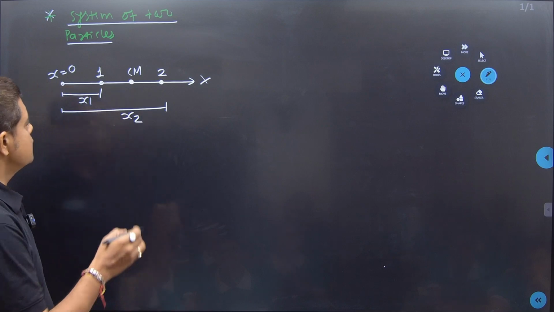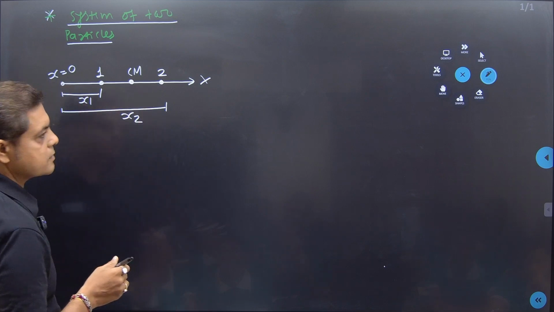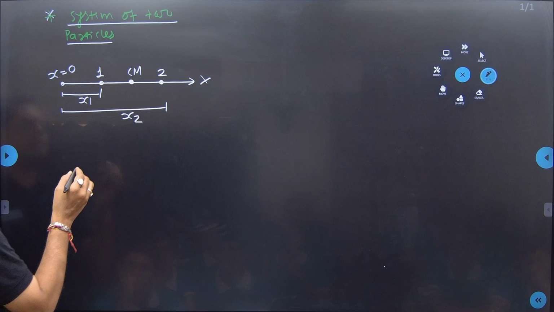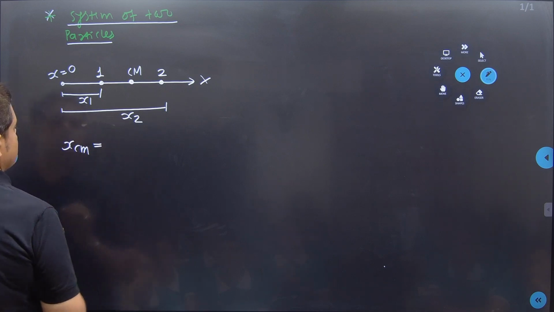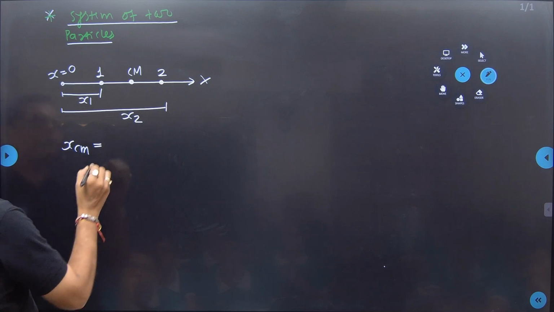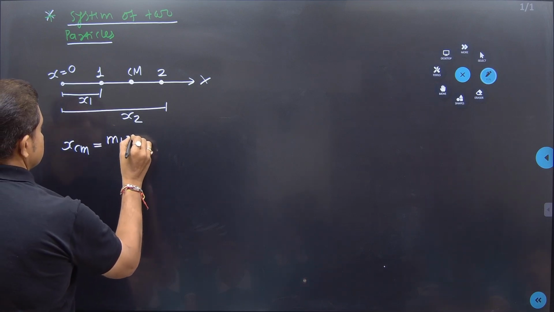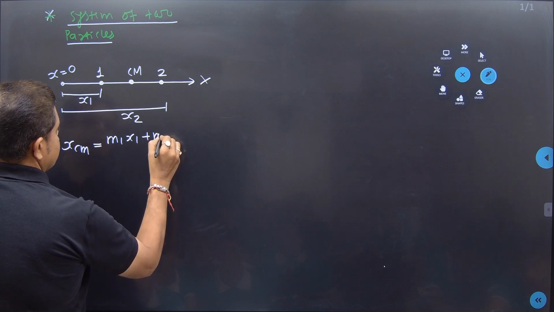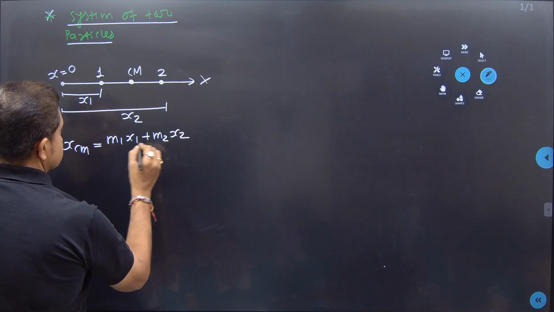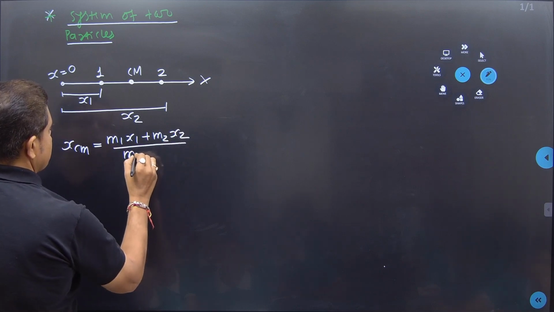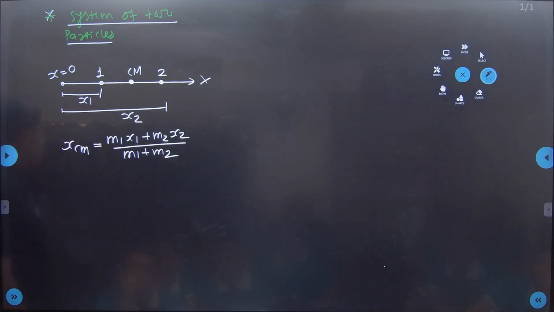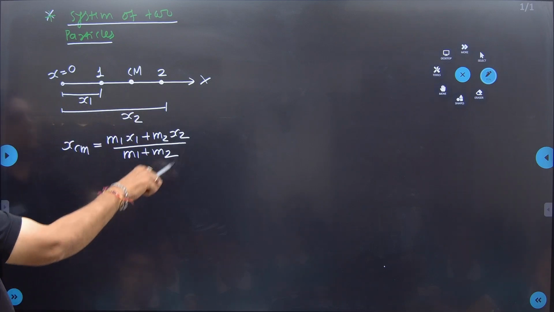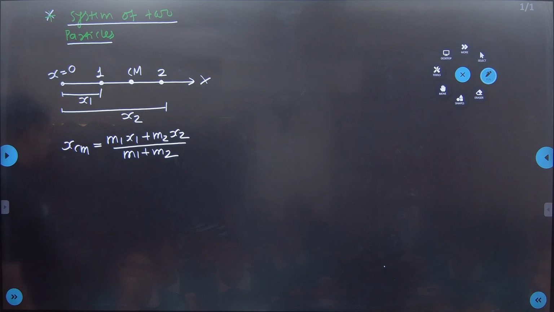Position of the center of mass can be obtained by this formula. The x coordinate of center of mass is (m1 x1 + m2 x2) upon (m1 + m2). Center of mass of the system of two particles can be obtained by this formula.